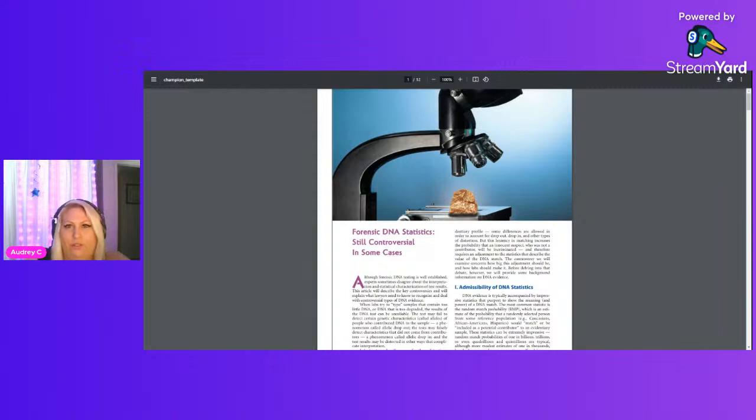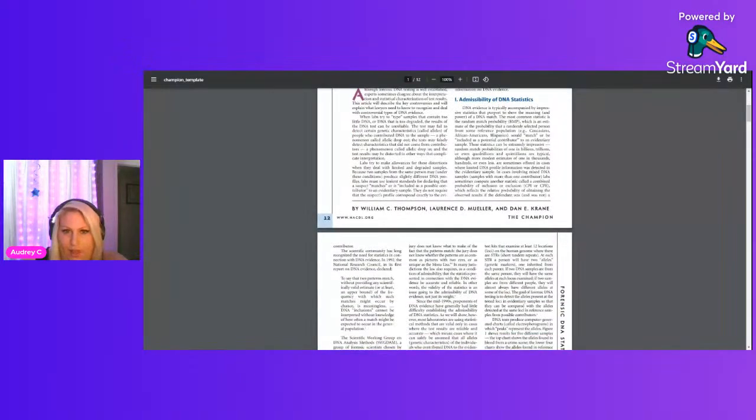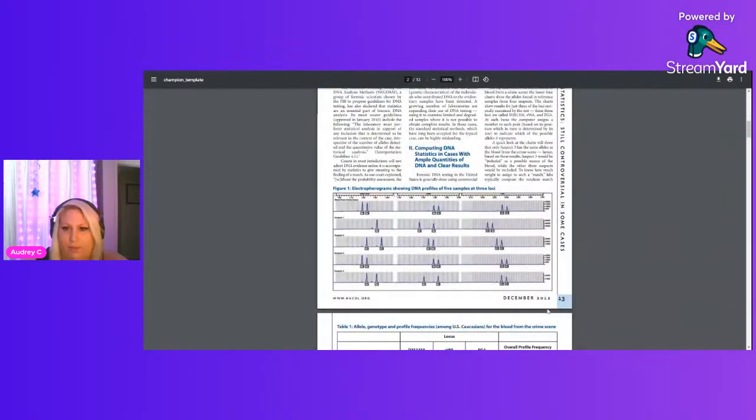So what I found for today is an older article called Forensic DNA Statistics Still Controversial in Some Cases. It looks like this was written in December of 2012.